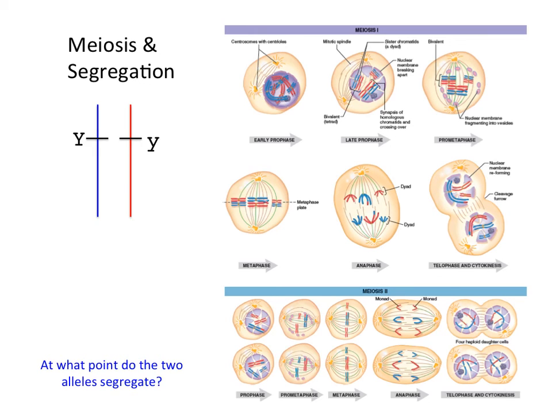So this is doing exactly the same thing as this. We're just looking at, if you fill those two, as you know, you fill down, you fill across, and you see all the different combinations of genotypes you wind up with in the next generation. So you get a big Y with a big Y, big Y with a big Y, big Y with little y, big Y with little y.